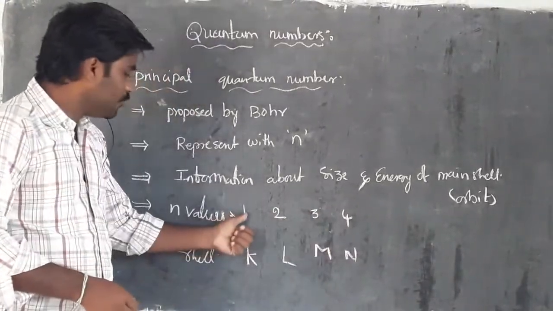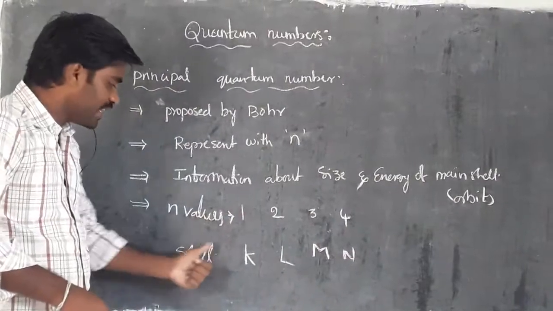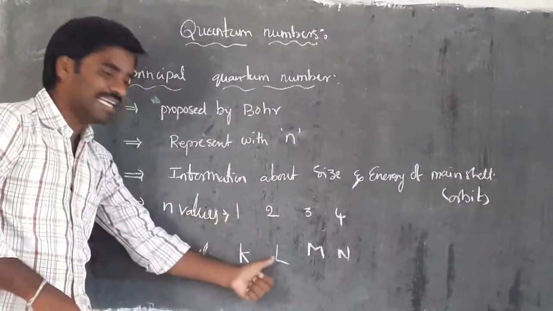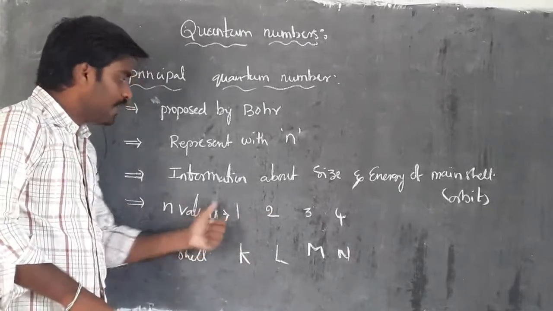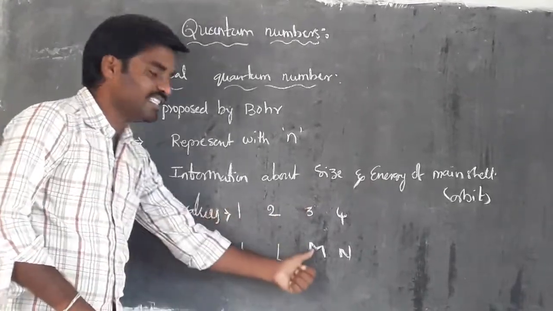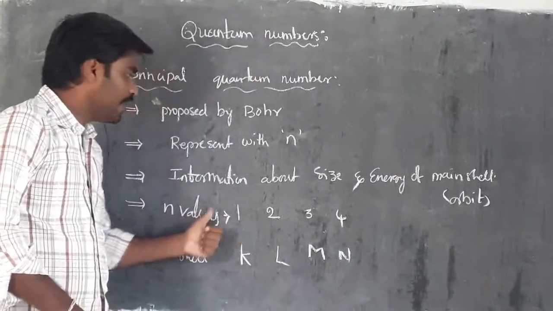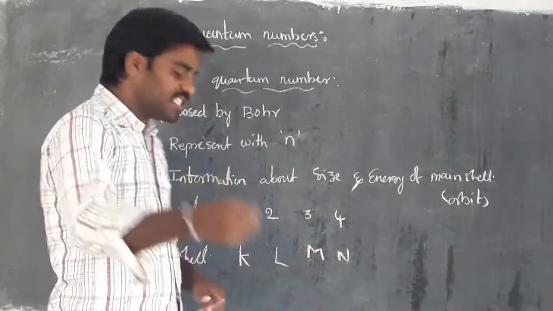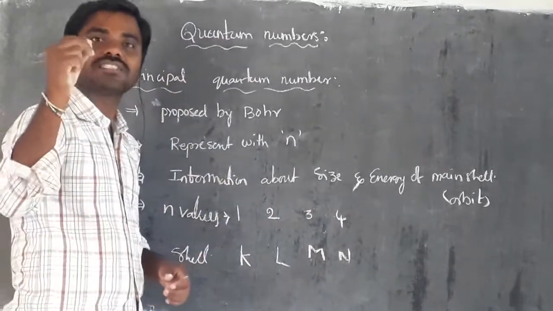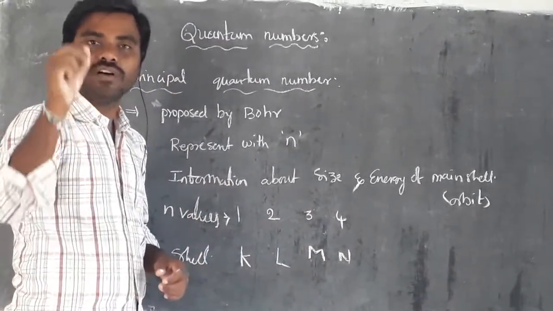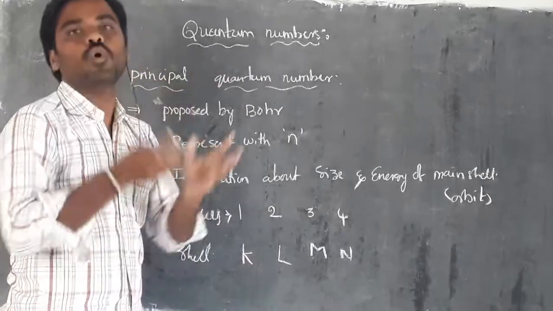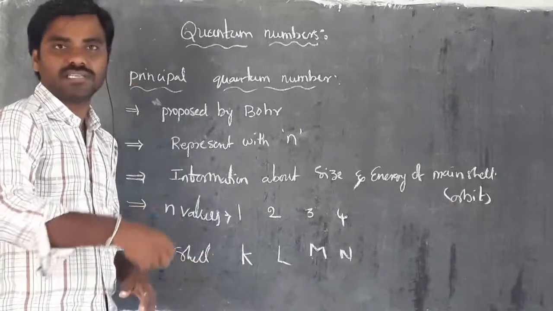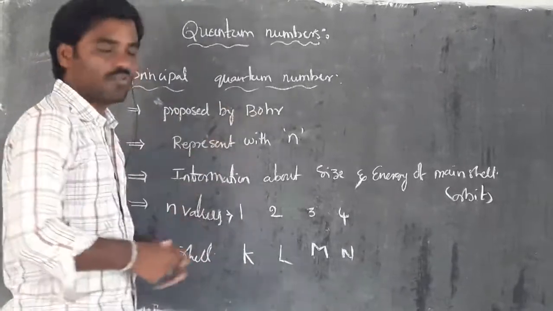When n is 1, the name of the shell is K. If n is 2, the shell is L. If n is 3, the shell is M. If n is 4, the shell is N. Each shell holds a particular number of electrons, which will be discussed with the next quantum number.